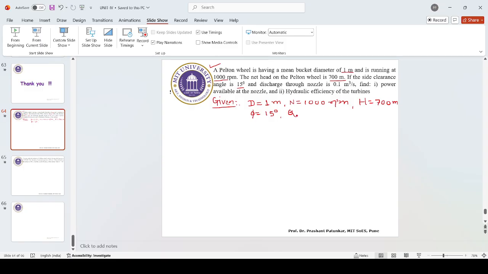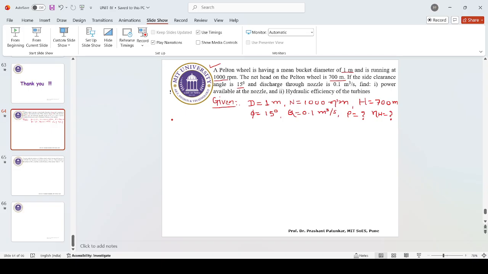The discharge through the nozzle, capital Q, is 0.1 meter cube per second. We have to find the power available at the nozzle and the hydraulic efficiency of this Pelton wheel, the given turbine.